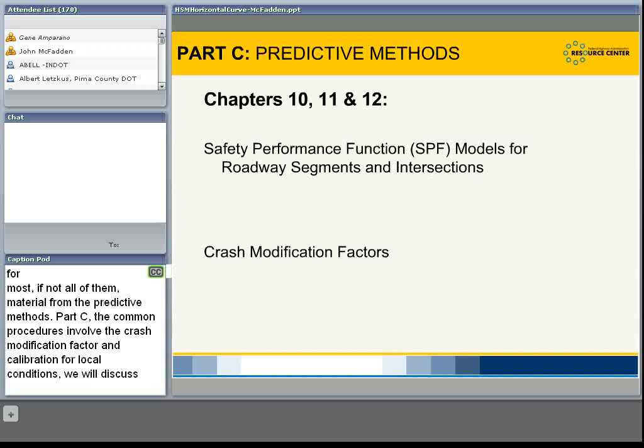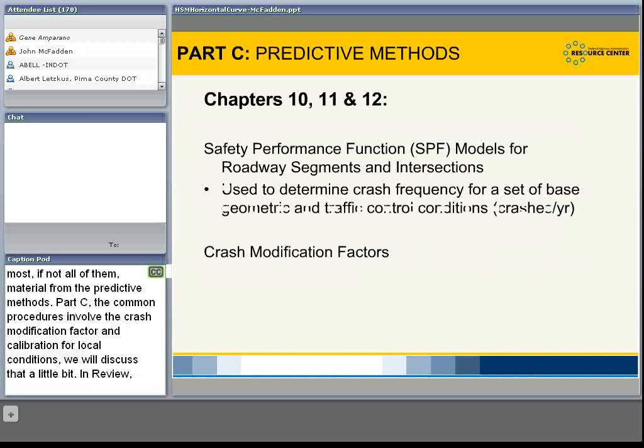And then Part C, the common procedures involve the crash modification factor and calibration for local conditions. We'll also discuss a little bit.